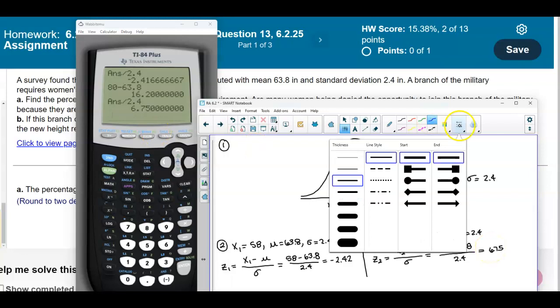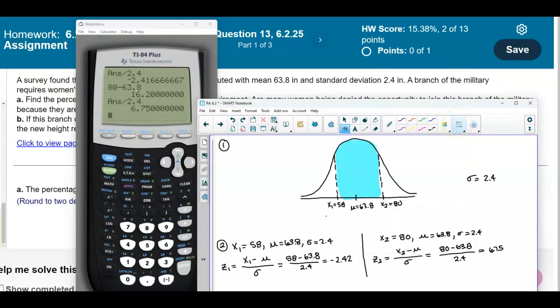So let's go ahead and write out those z-scores. For z1 and z2, the mean is going to equal 0. So z1, which corresponds to the x value of 58, is negative 2.42.